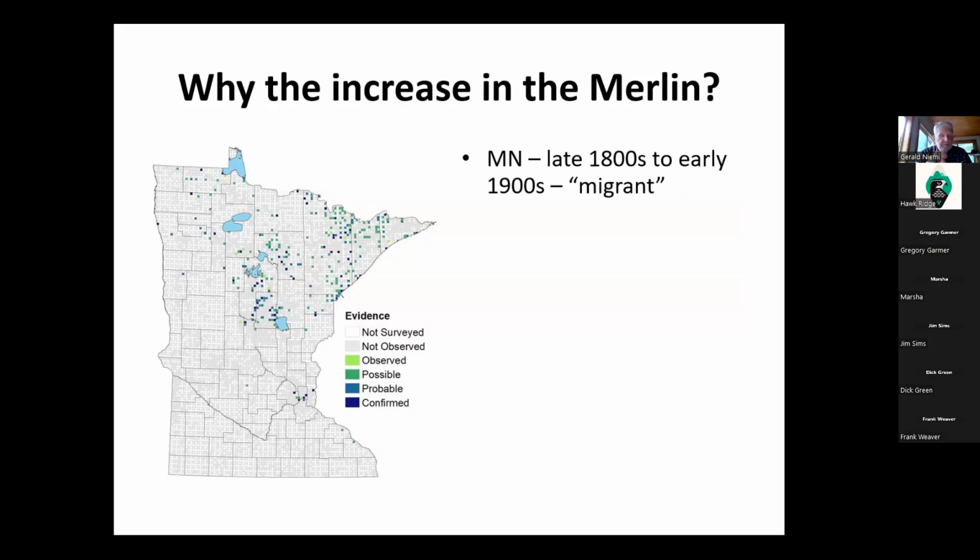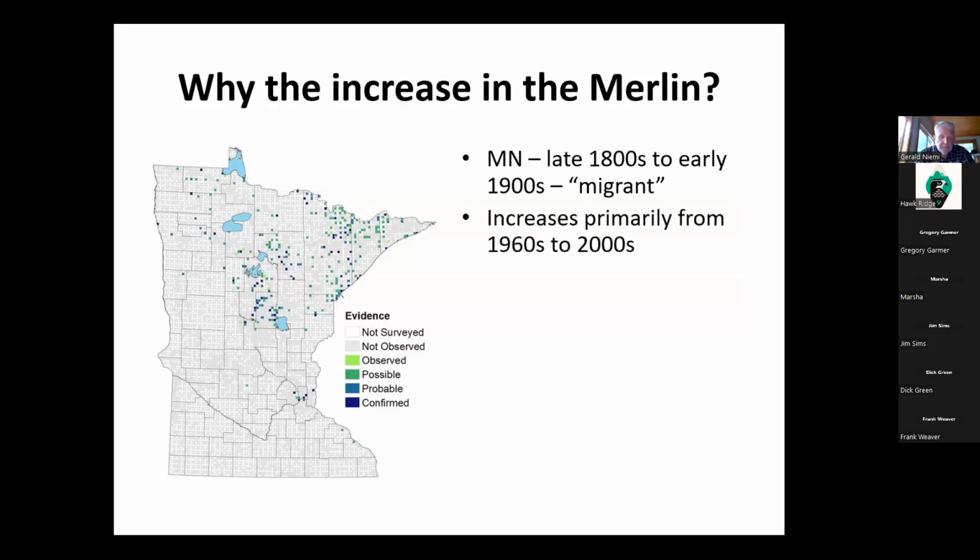Anything you read about the Merlin from the late 1800s, early 1900s by, for example, Roberts and others, they called the species nothing more than a migrant. It was not nesting in the state at that point in time.